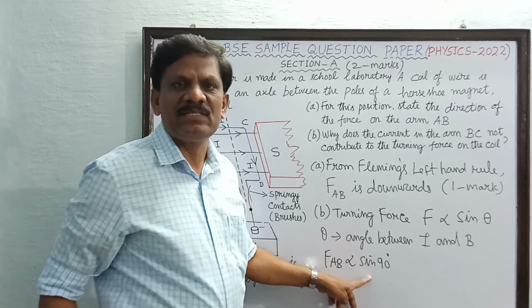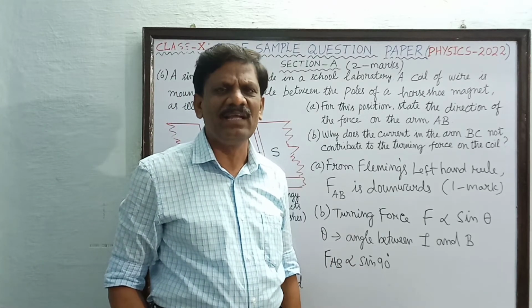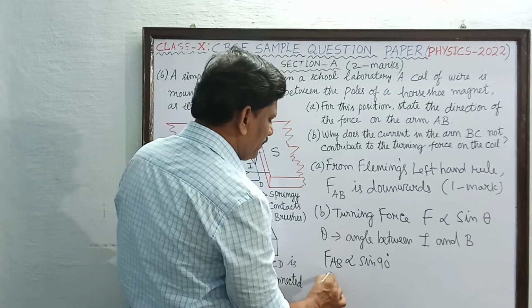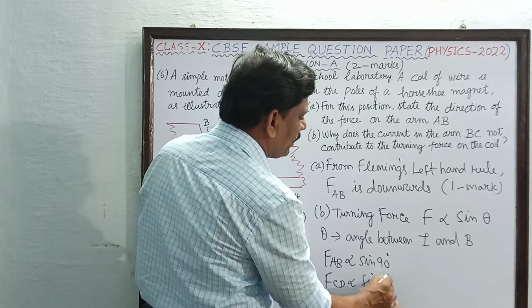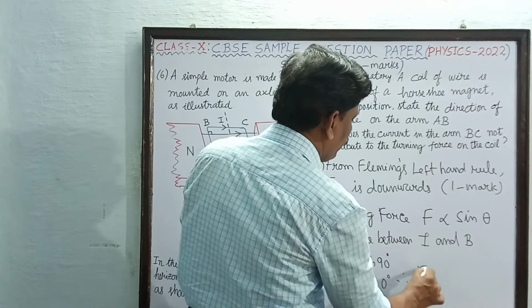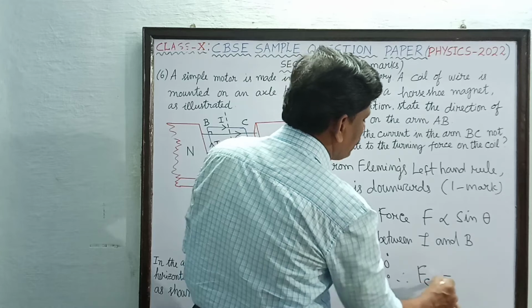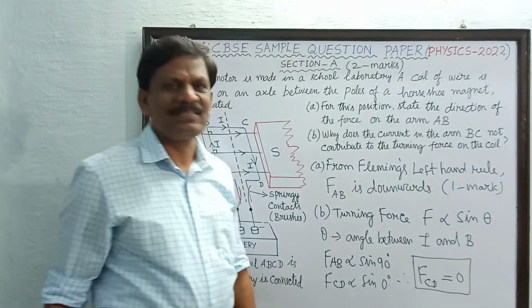So sine 90 is what? That is the maximum value of sine theta, equal to 1. Like that, FCD is proportional to sine of what angle? Sine 0. Therefore, the force acting on the branch CD is equal to 0. Understand?